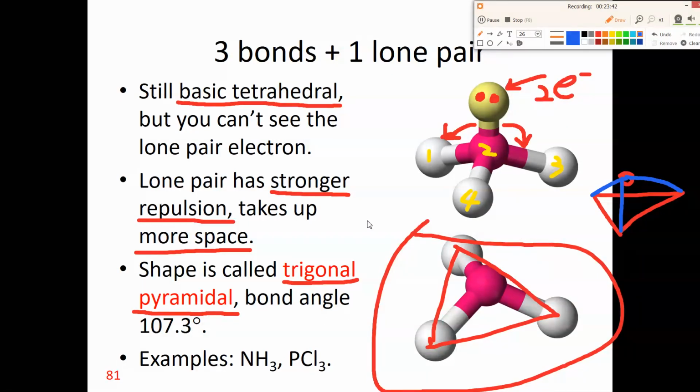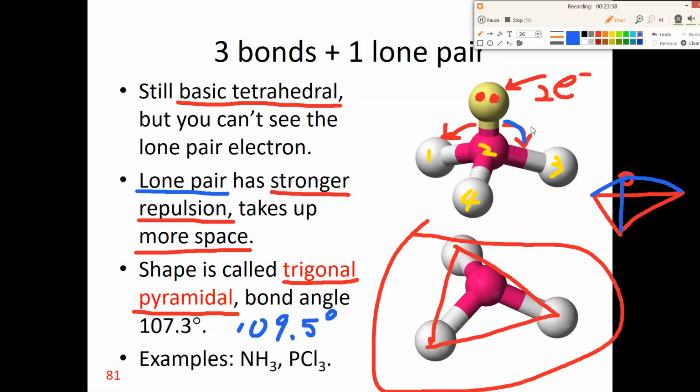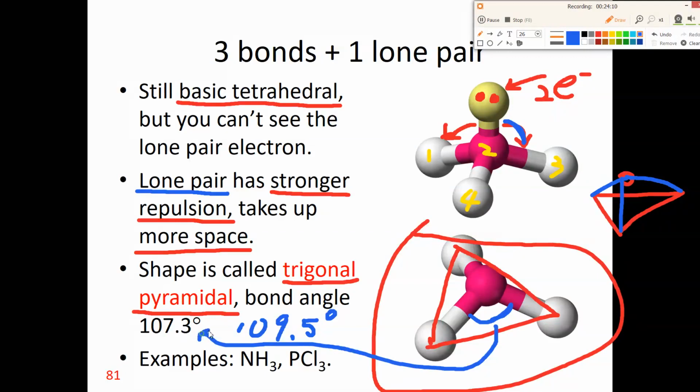So in this case, remember we talked about when we talk about the perfect tetrahedral, the bond angle is 109.5 degrees. But because of this lone pair's stronger repulsion, this angle becomes larger than 109.5 degrees. So the bottom angle becomes smaller. It becomes 107.3.